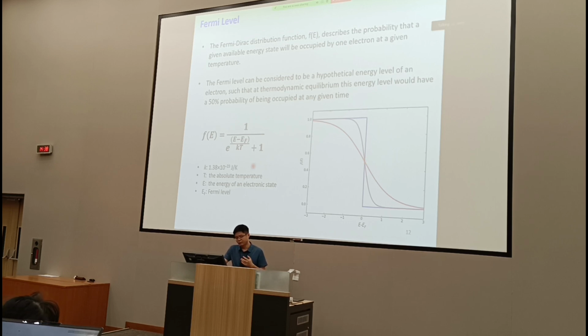If the temperature is very low, close to absolute zero, this Fermi-Dirac distribution function is basically a steep line. States above the Fermi level are empty, so the probability of being occupied is 0, but states below the Fermi energy are filled, so the probability is 1.